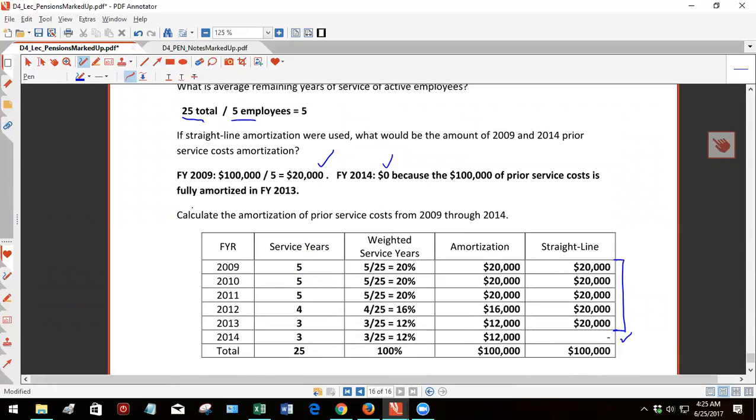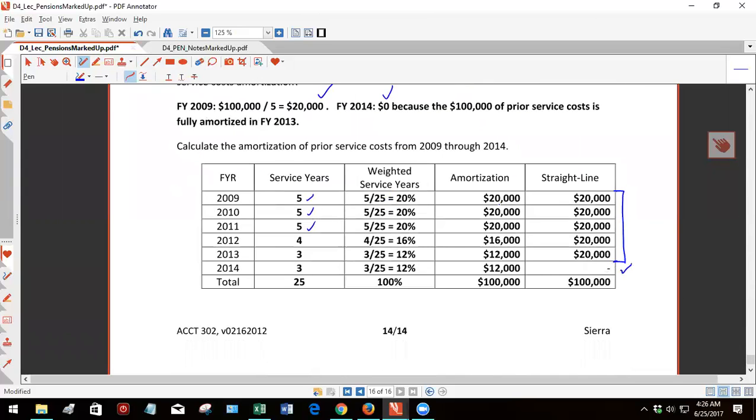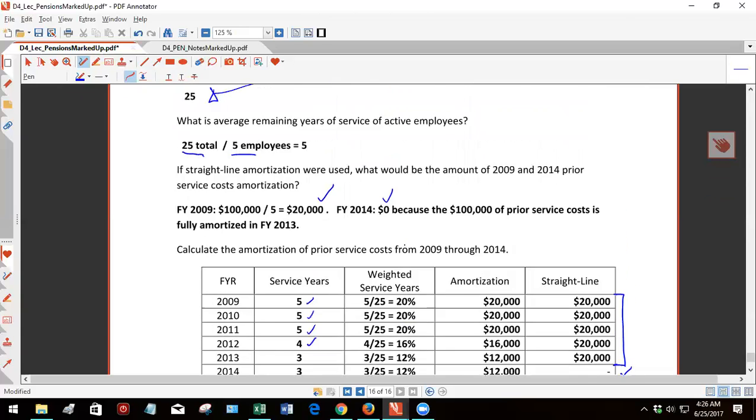All right. So what you do is you take the service years in a given year. In 2009, all 5 employees work 1 year. That's 5 service years. In 2010, they're still all there, 5 years. 2011, they're still all there, 5 years. Then Pasquinel retires, so then you're down to the last 4. All right, so then your 4 years, 4/25, 16%.